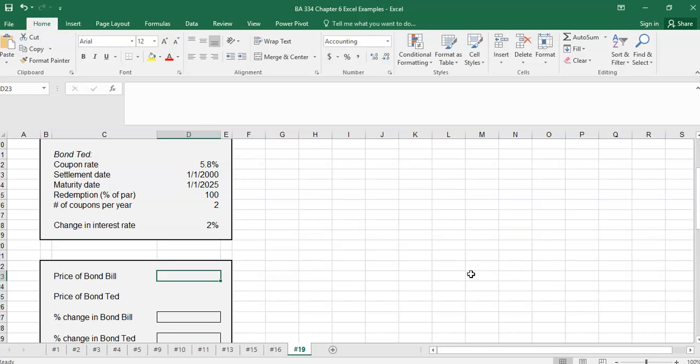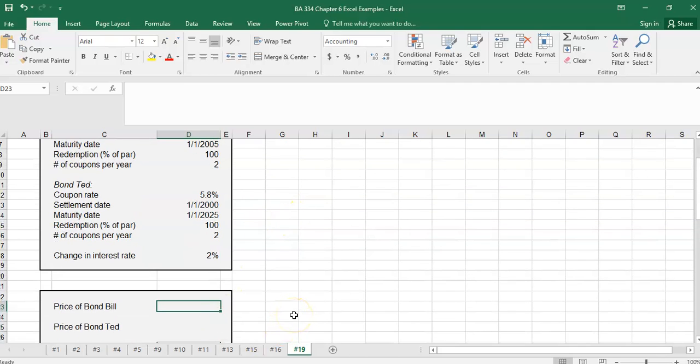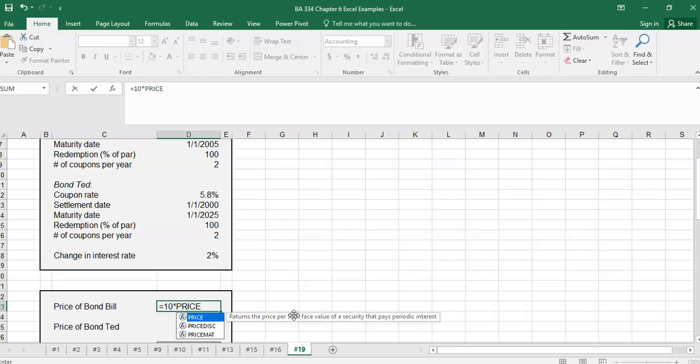So we're going to look at what is the price if our interest rate rises by 2%. So we're going to take 10 times the price, and this 10 times the price has the same effect as the divided by 100 times the par.